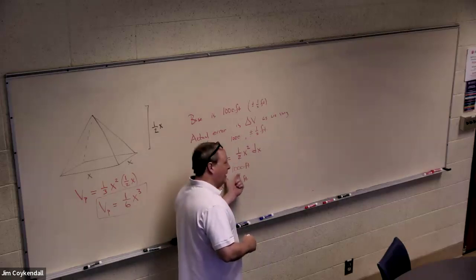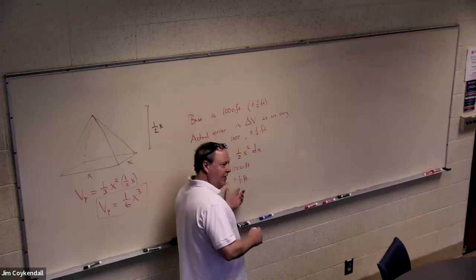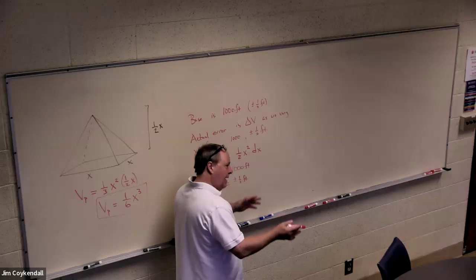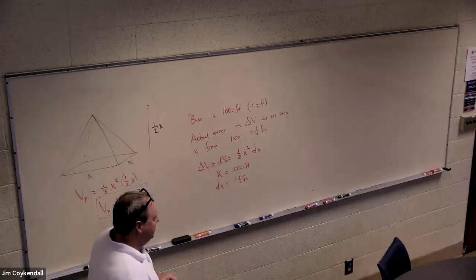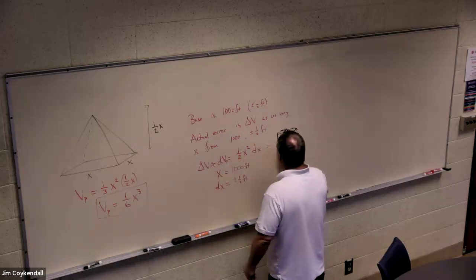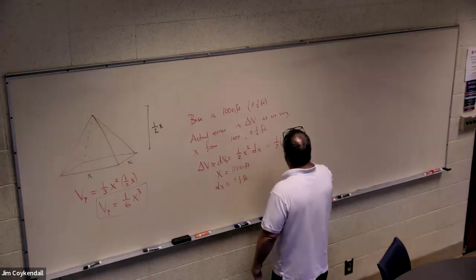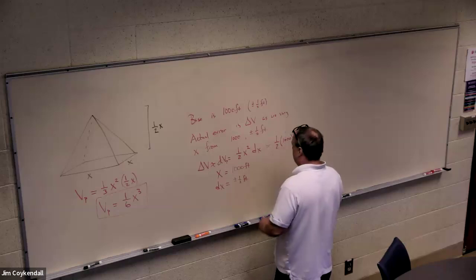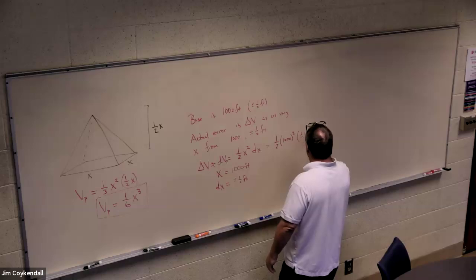This is x, I measured, I got 1,000 feet, and this is the change in x. This is how much I could have screwed it up by. Half a foot either way. So now I can do this almost in my head. This is 1/2 times 1,000 squared times plus or minus 1/2.